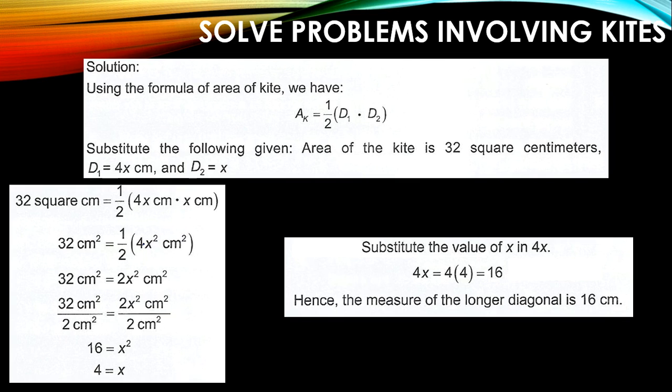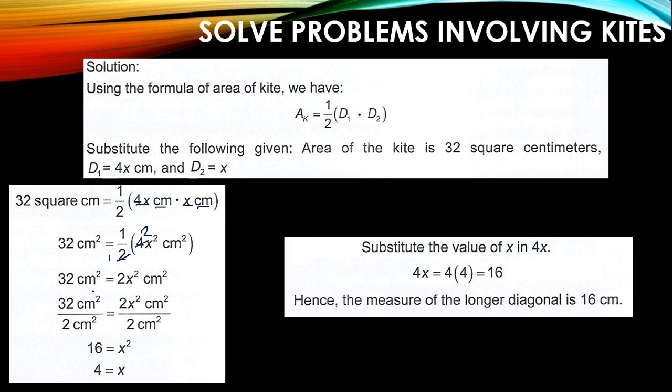How come it became 4x squared cm squared? So 4x times x, we multiply x times x, that's x squared, then times 4 equals 4x squared. Then cm times cm is cm squared. Then 32 cm squared equals 1/2 times 4x squared, so 1/2 times 4 is 2, and it becomes 2x squared cm squared.